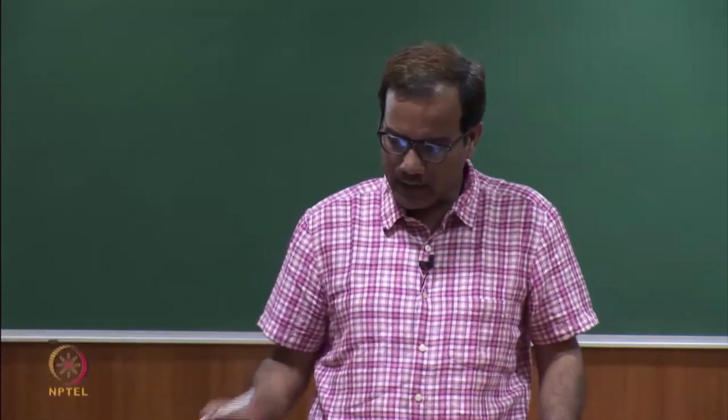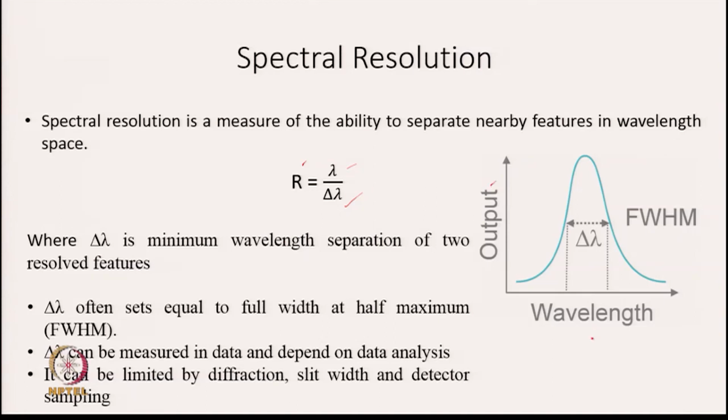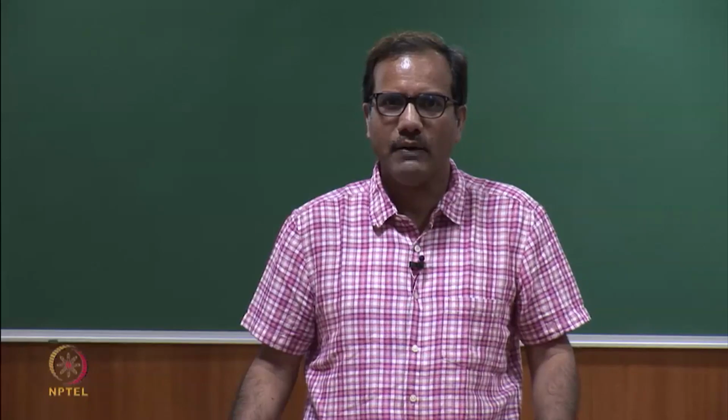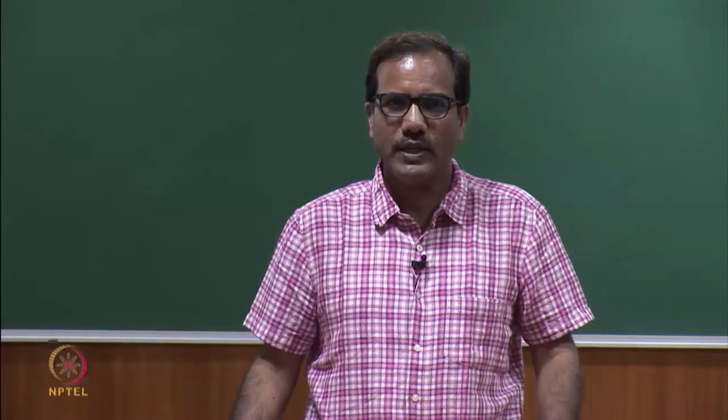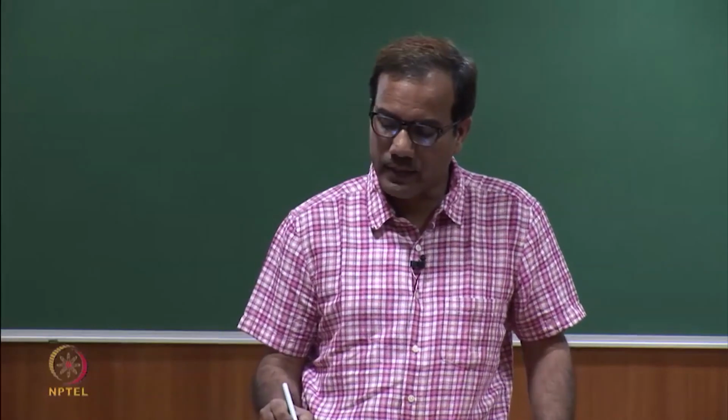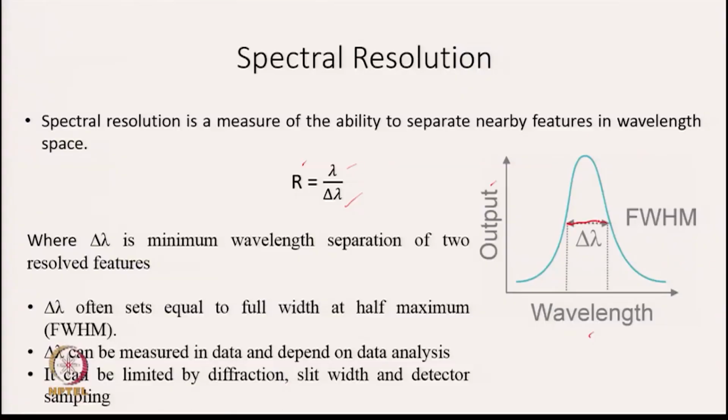For example, here you see the output versus wavelength. Your delta lambda is generally given by the full width at half maximum, known as FWHM. Full width means this width, at half maximum.